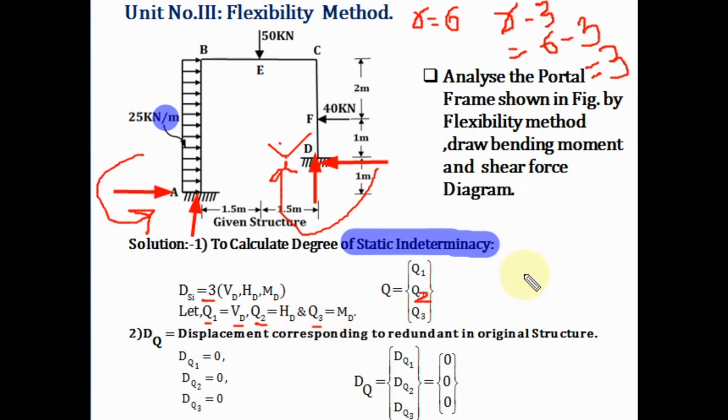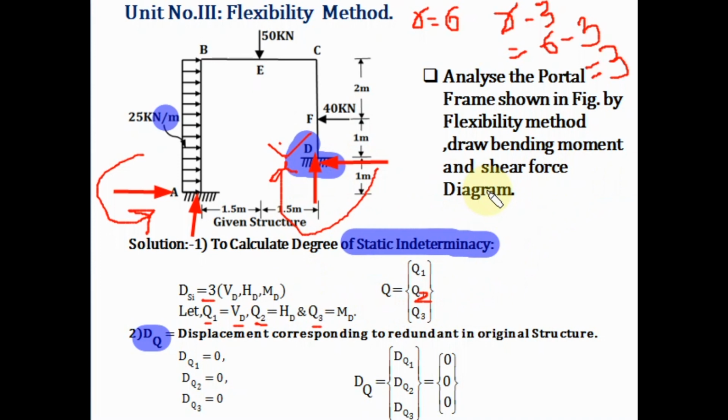After finding the static indeterminacy and selecting the redundant forces, the next step is to find the displacement corresponding to the redundants in the original structure, that is DQ. Here we have considered support D as the redundant support, with 3 reactions.